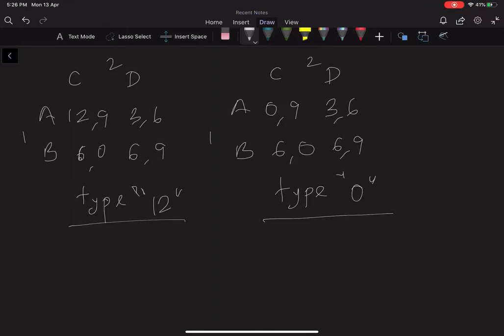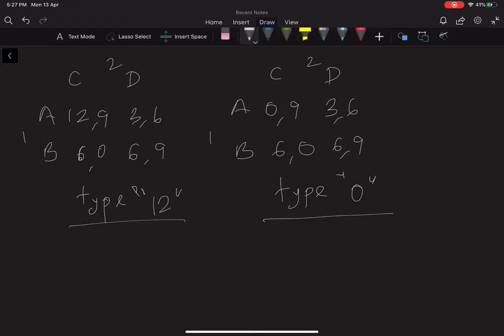Okay, now one way to model this uncertainty about types of players, and hence different payoffs accruing to the same player corresponding to different types, is that first nature, the chance, decides whether player 1 is of type 12 or type 0.